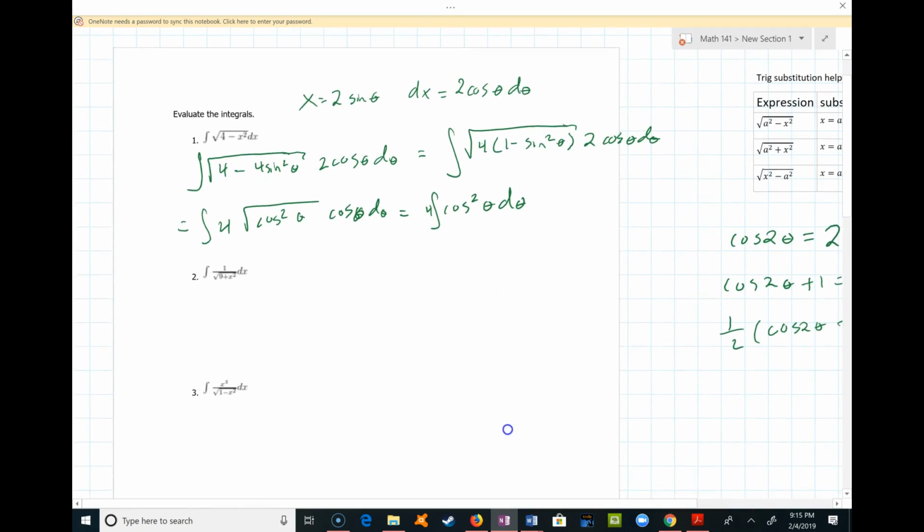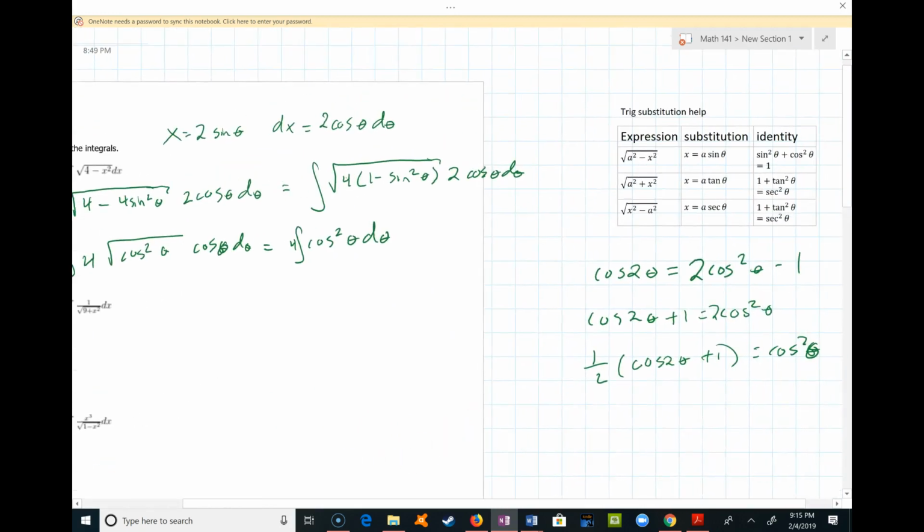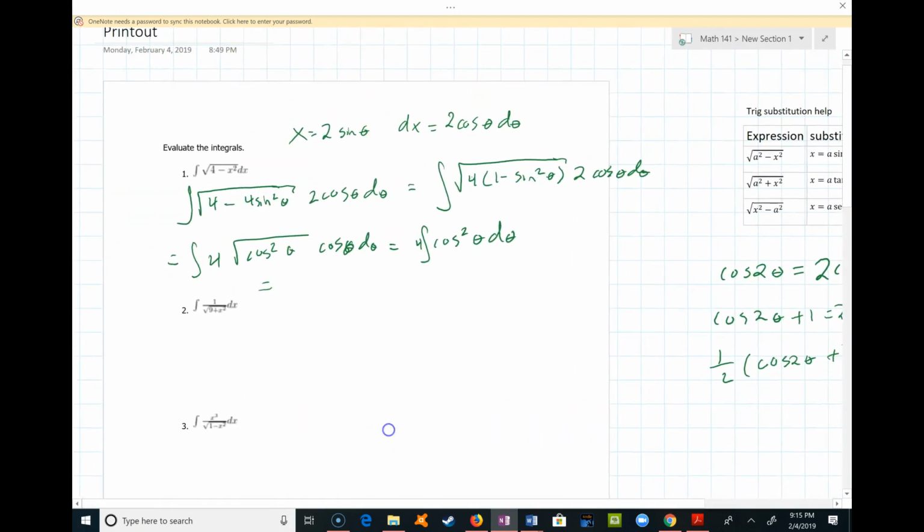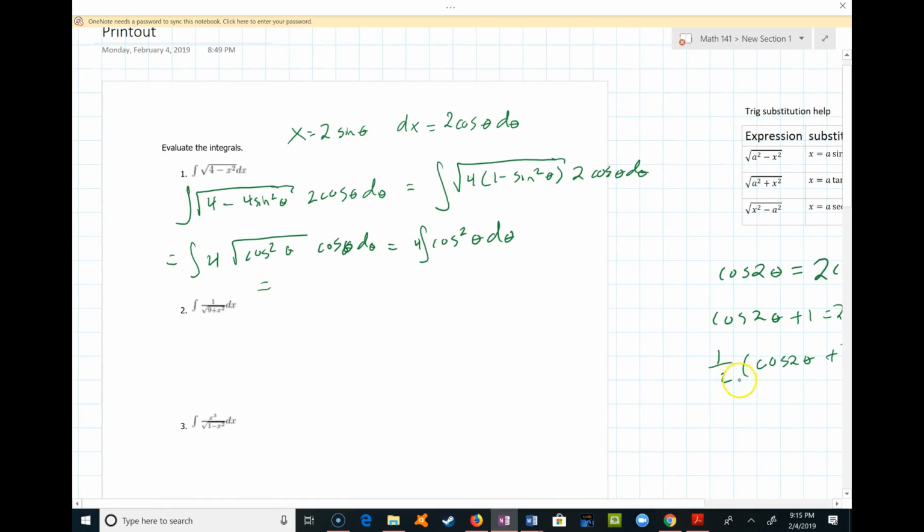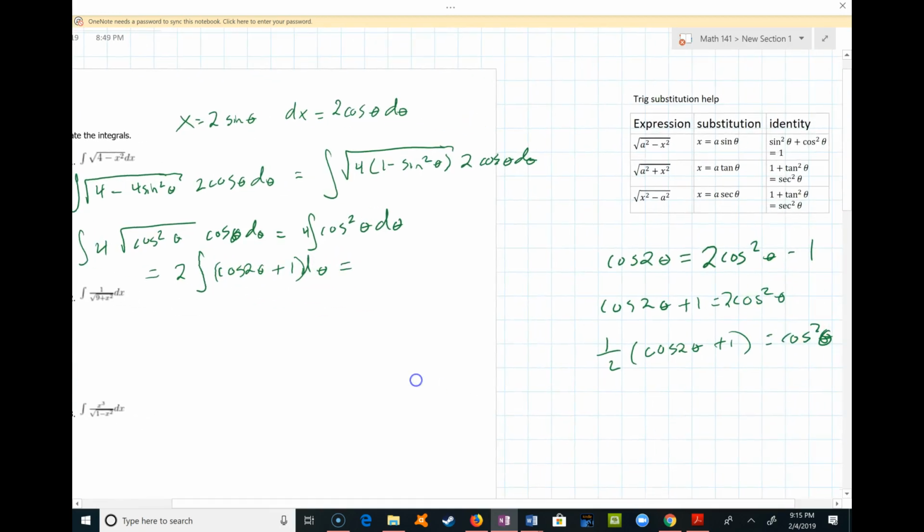Then we'll rewrite that: the 1/2 comes out front and blends with the 4, so it's just a 2. So we have the integral of cosine 2 theta plus 1 d theta, and now we can integrate that.